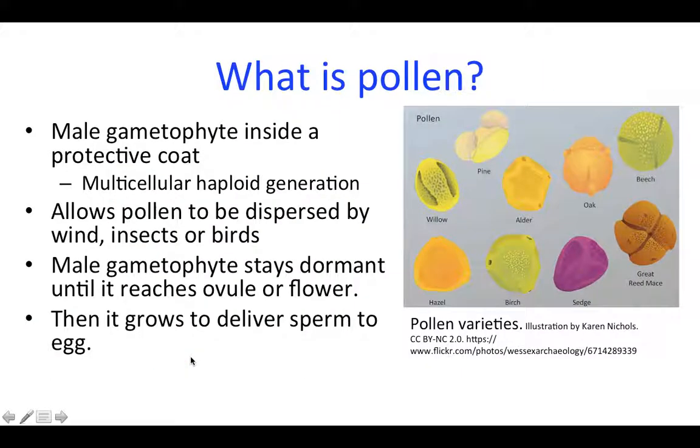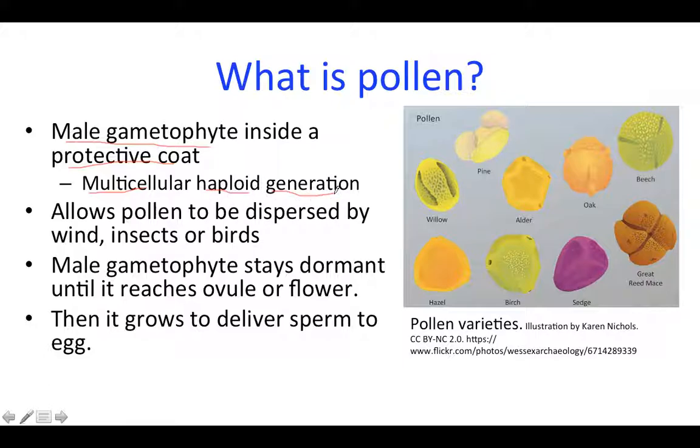What is pollen? We've used the word and we've talked about it informally, but we should define it. We can say that pollen is a male gametophyte inside a protective coat, or a pollen wall. And the male gametophyte, remember, is going to be a multicellular haploid generation.